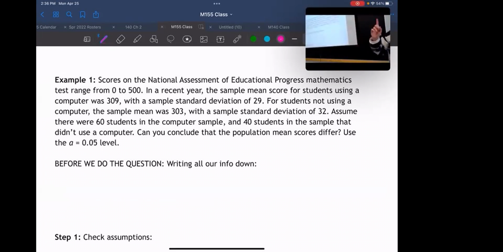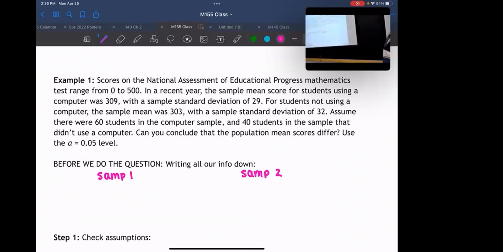First of all, we're going to write our information down. Since we have two samples, I'm going to specify which one is sample 1, which one's sample 2. You can make sample 1, sample 2, whichever ones you want. The convention here is the first one that's introduced is usually going to be sample 1. So since we talked about using a computer first, let's do computer as sample 1.